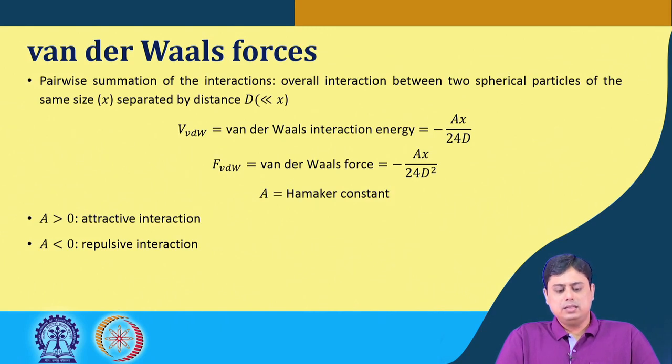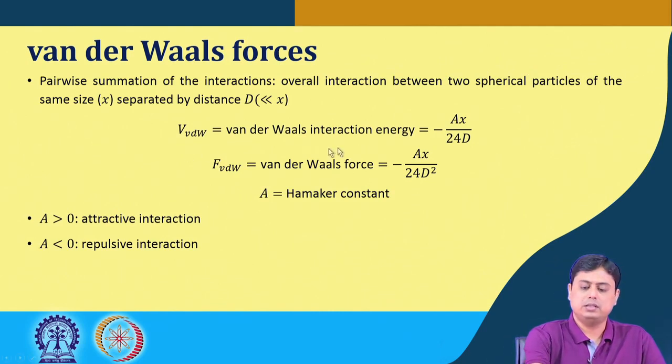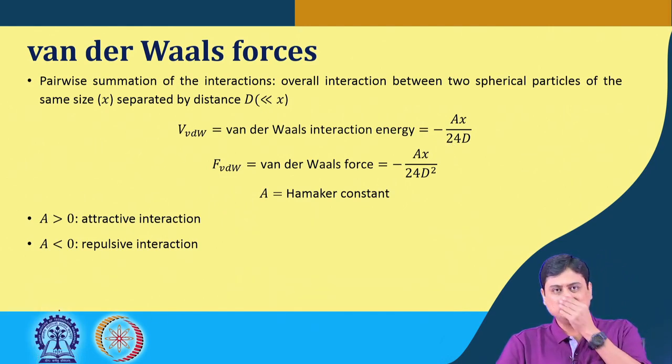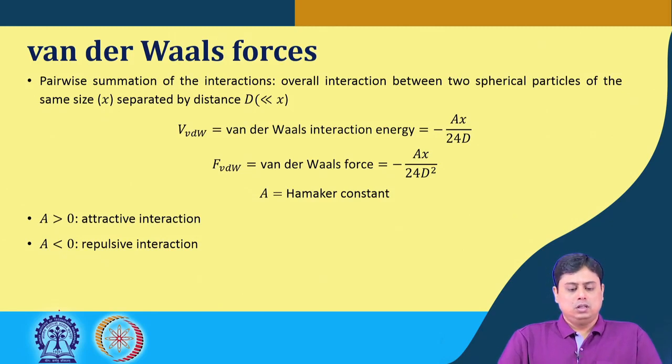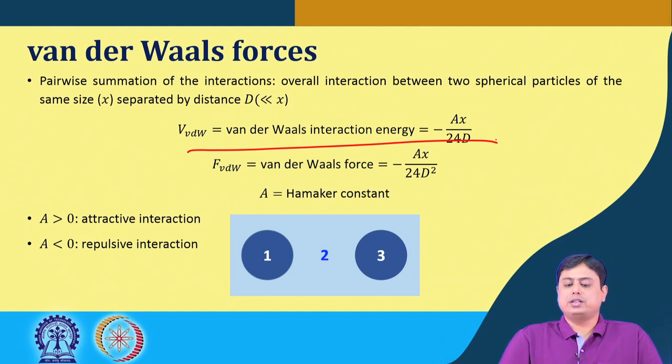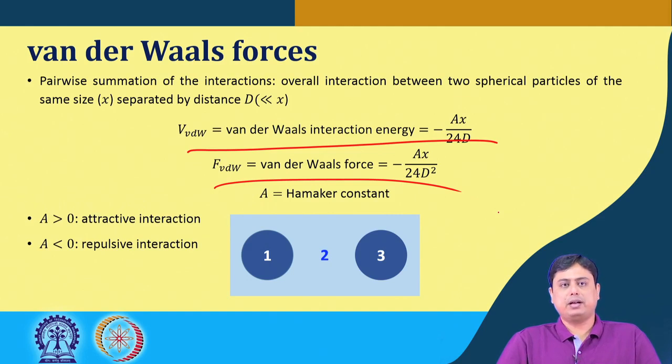In this criteria, the van der Waals interaction energy can be expressed, or has been estimated, by this expression. So this is the van der Waals interaction energy, and this is the van der Waals force expression, where A is the Hamaker constant.